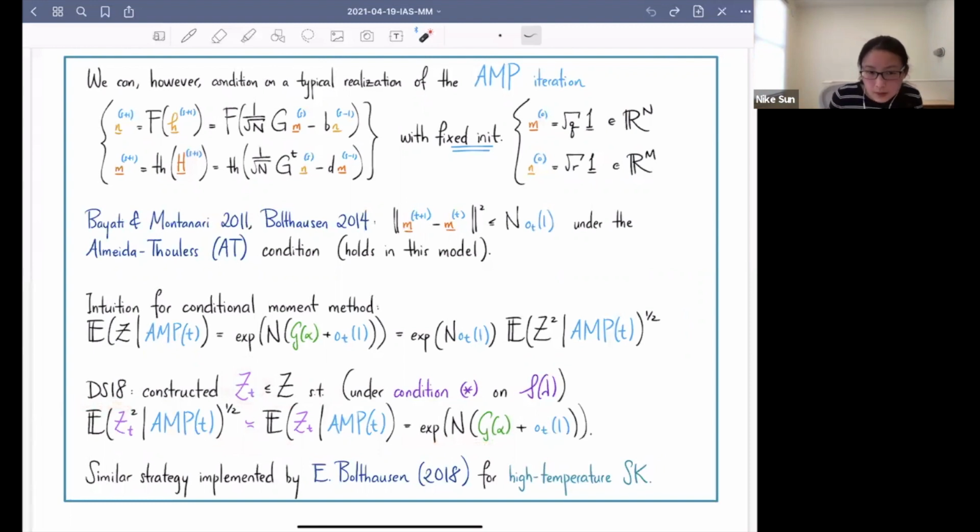A very similar strategy was used by Erwin around the same time, where he considered the high temperature SK model with an external field, and his result is that you can recover the free energy of this model using this method.